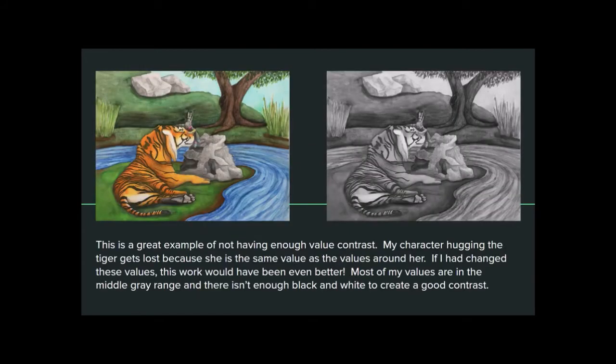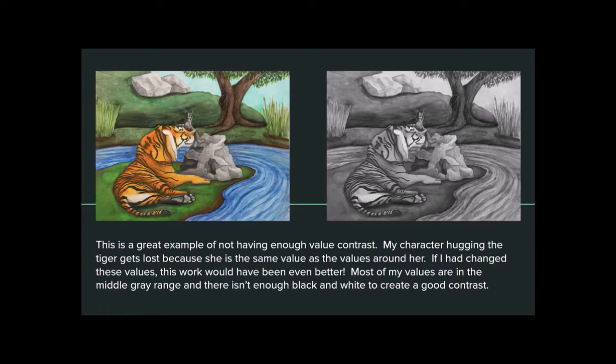So here, this is a painting I didn't plan out. I just kind of was drawing it as I was going and coloring it as I was going along. So this is a fun piece, but it's really not my strongest. There's a lot of things wrong with it.